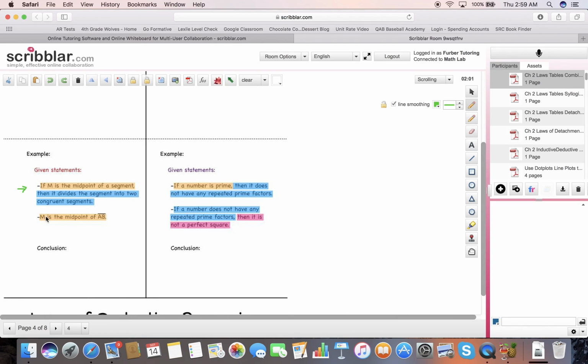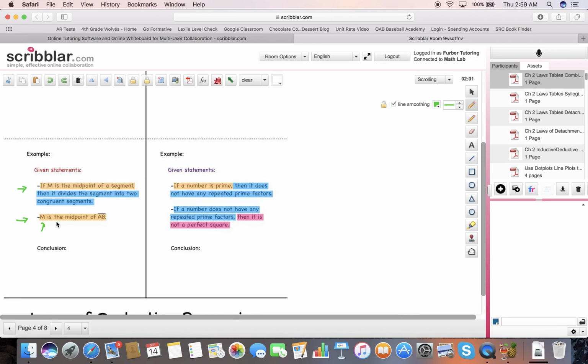Okay, so the question is, how do we use the law of detachment? Well, there's another statement here that's detached from the conditional. It says M is the midpoint of AB, and I've highlighted these for a reason because I wanted you to see that the statement that comes separately from the conditional matches the hypothesis of the conditional.